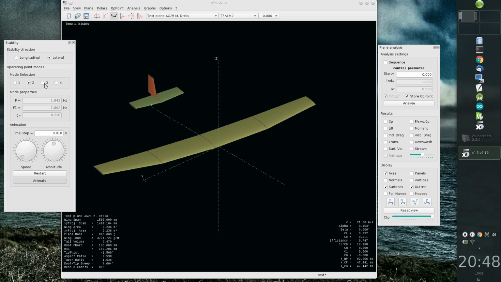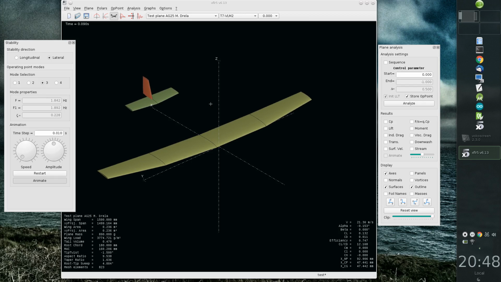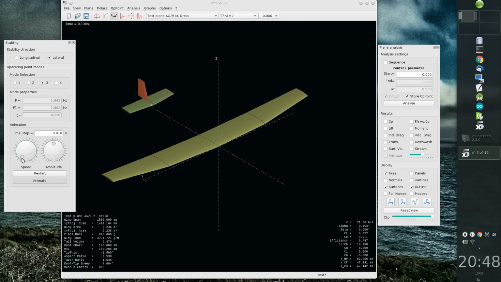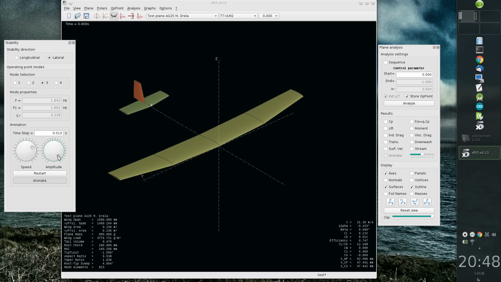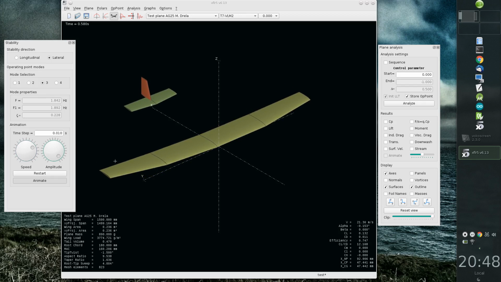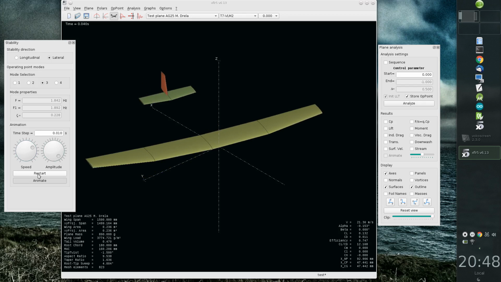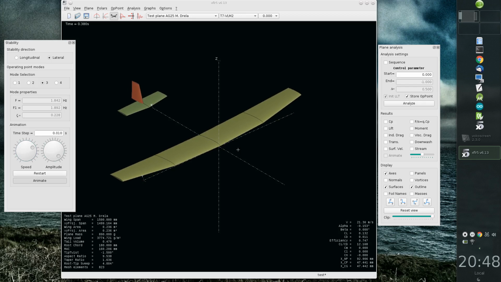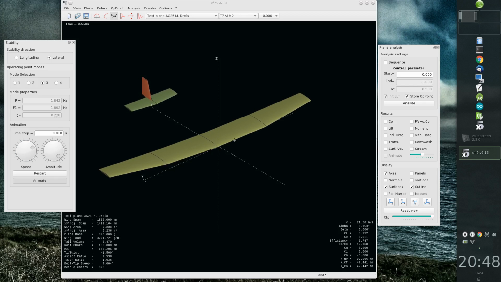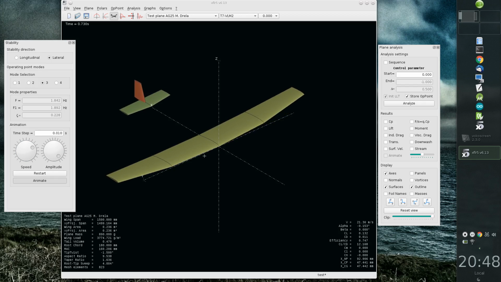Number 2 and number 3 are the Dutch roll modes. Now let's animate them a bit faster, these 2. And let's restart. There we are. So it's a sort of back and forth in roll and yaw behavior, and it's stable. Progressively, after 1 second or so, it goes back to normal.